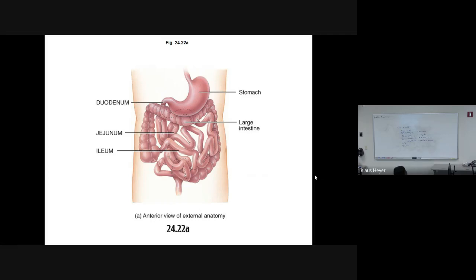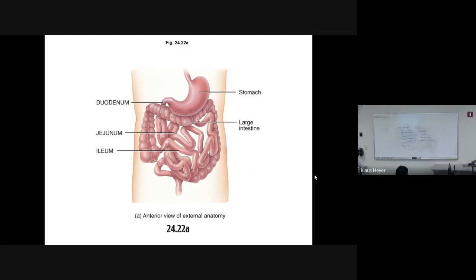But for now, the duodenum is really the only one you need to know, because that's where most of the action happens. But you will see words like jejunal or ileal after you get out of this class.